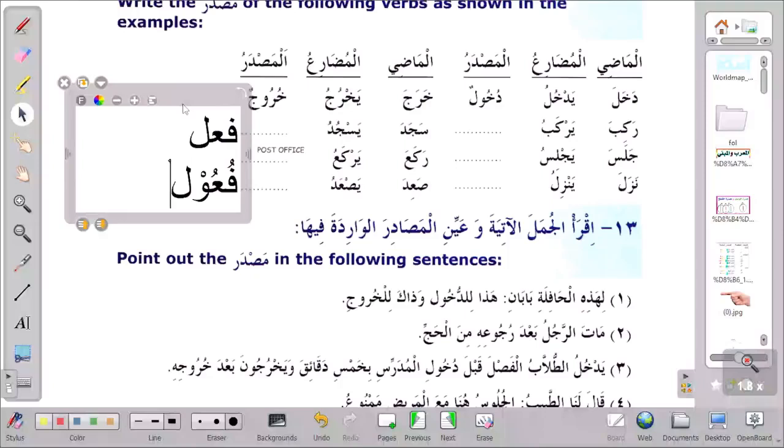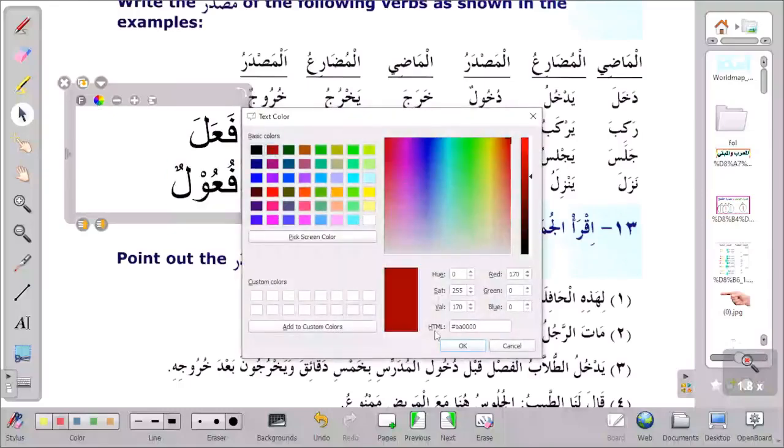I hope that is clear. So if you have a verb, whether fa'ala or fa'ila or fa'ula, I want to distinguish it.